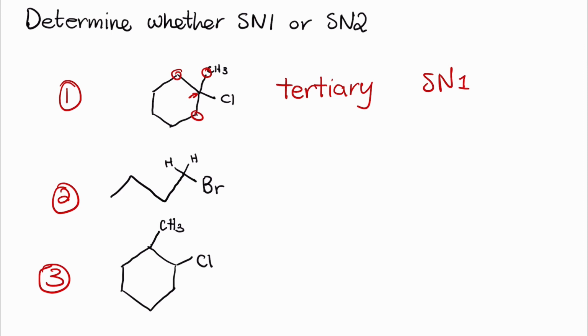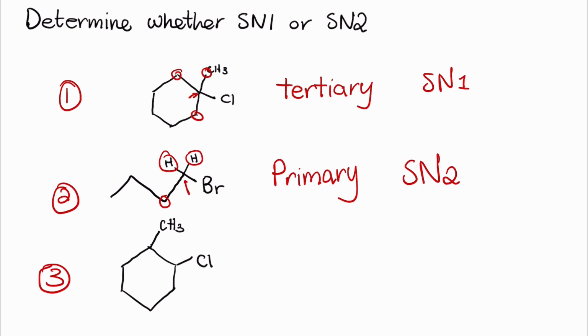Now for question 2, we see that there are 2 hydrogens attached to the central carbon, and only 1 R group. This means that it's a primary carbon. And because primary carbons are less cluttered, this molecule here would likely favor the SN2 reaction.